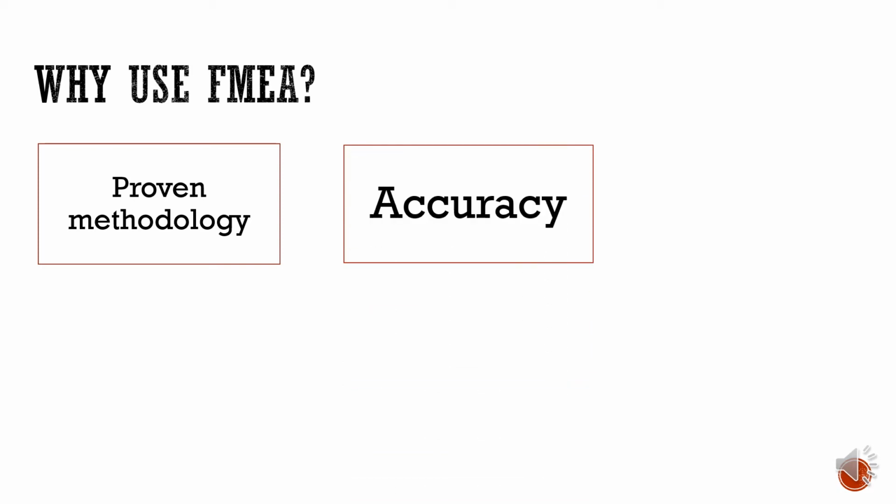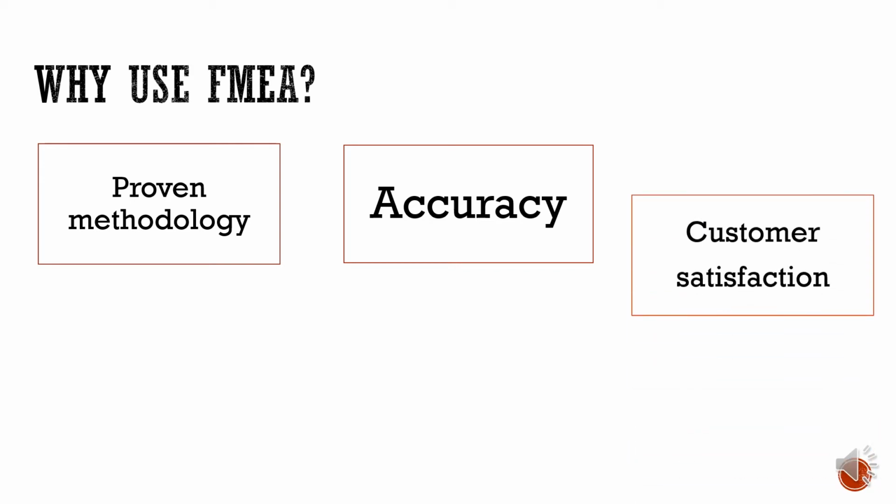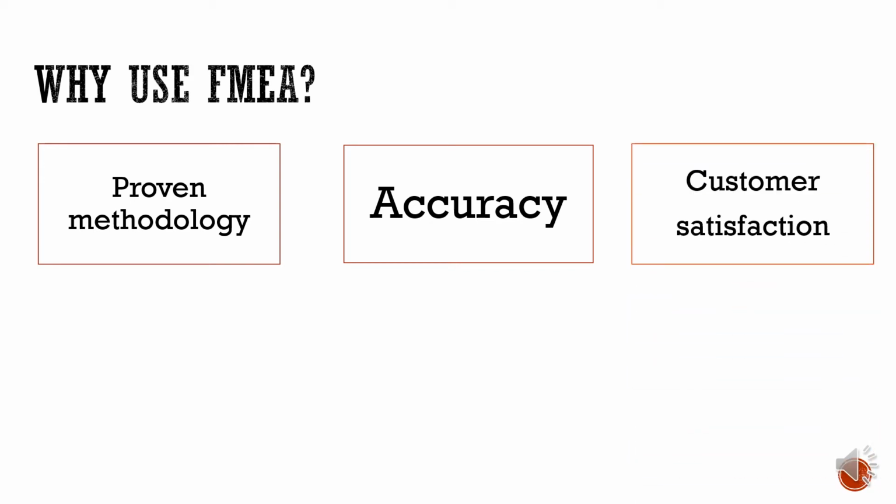Besides, it also provides accuracy in identification and elimination of concerns early in the development of a process or design. The next reason is that FMEA is able to improve internal and external customer satisfaction because this method mainly focuses on prevention, which is to prevent the defects before they reach the customer.